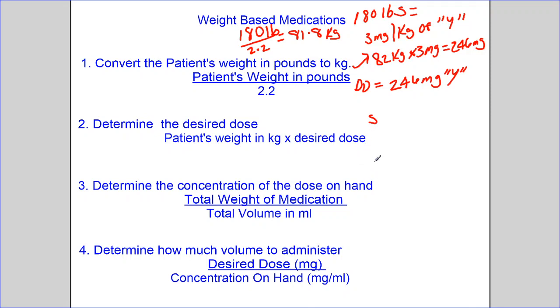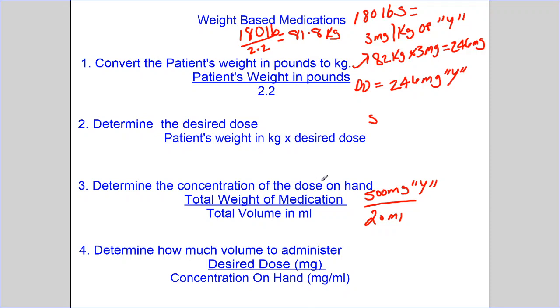Let me come down here real quick because we already did 2. We're going to say we have 500 milligrams in, what do you want? Maybe 20 milliliters saline. Okay, so we have 500 milligrams of drug Y and 20 milliliters of saline.